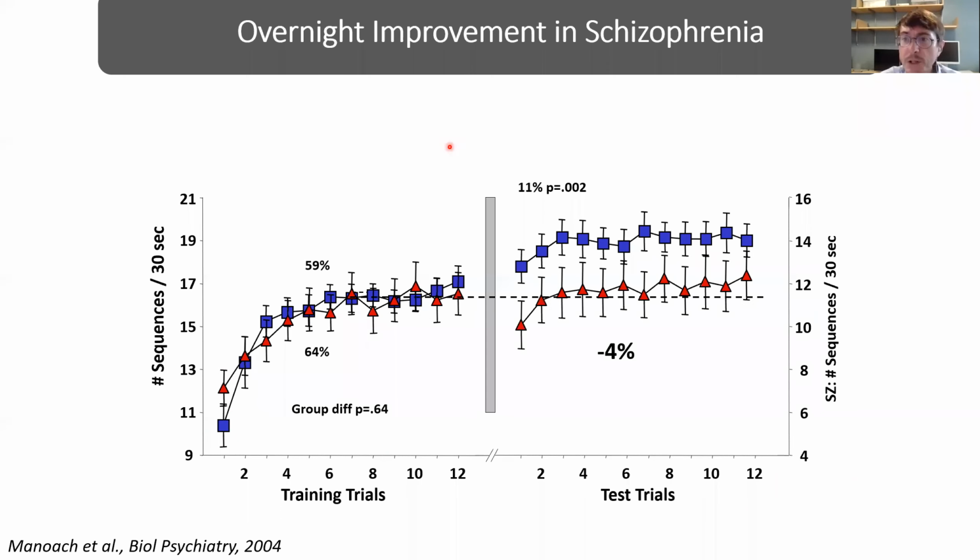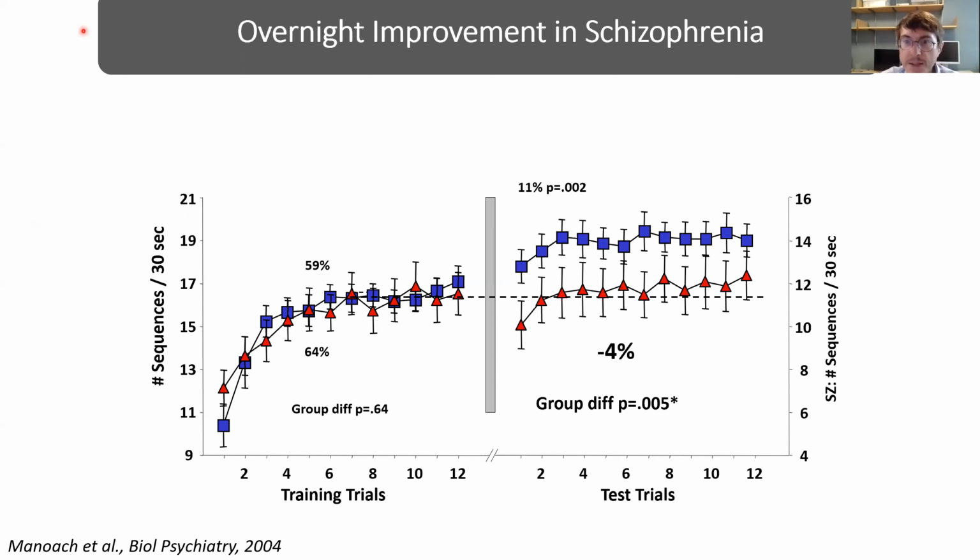But when you look at their performance in the testing period after sleep, they don't show this overnight improvement. They actually show a slight decrement here. So there is this large difference specifically in this sleep-dependent aspect.